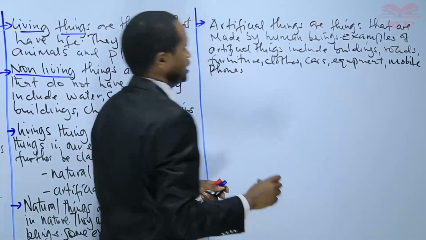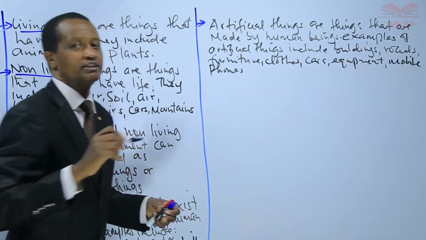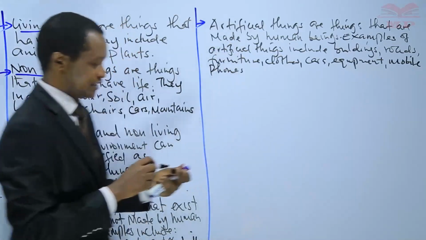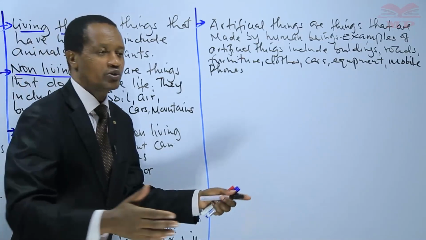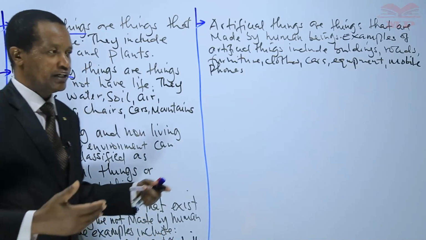Mobile phones are artificial things that are made by human beings. So these are artificial things. Artificial what? Artificial things.